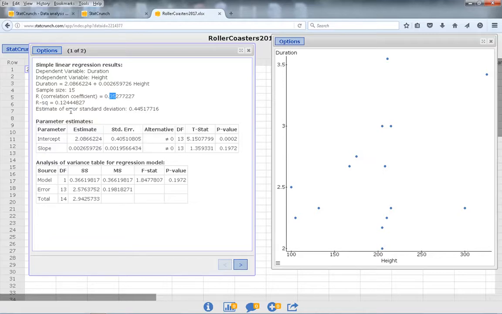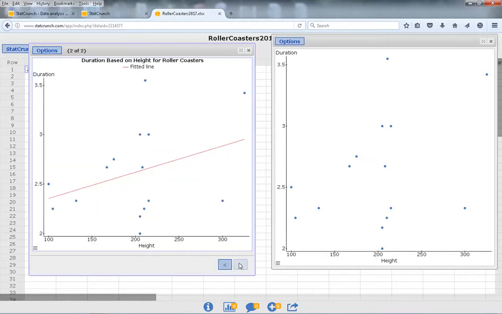Okay, the R squared value, you're only explaining 12.4% of the variability in duration when you know the height of the first hill. So you're not explaining about 1/8 of the variation, or why the times are different, if you know the height of the first hill. That doesn't seem to be a major factor that gives you a lot of information.